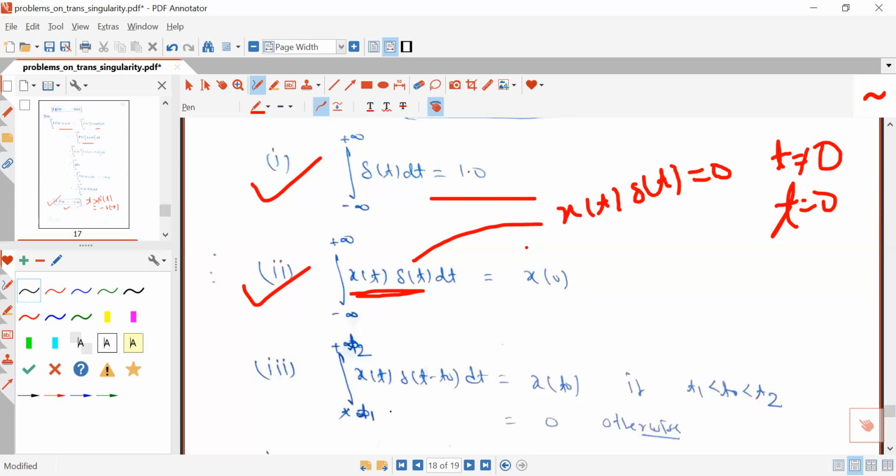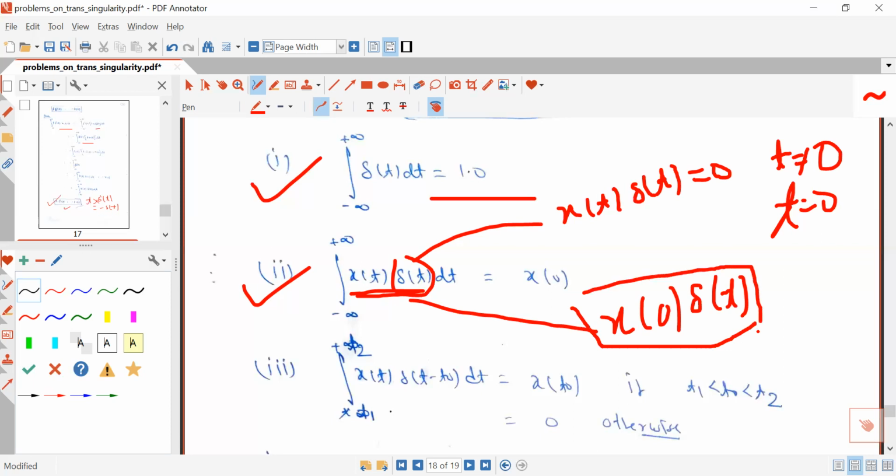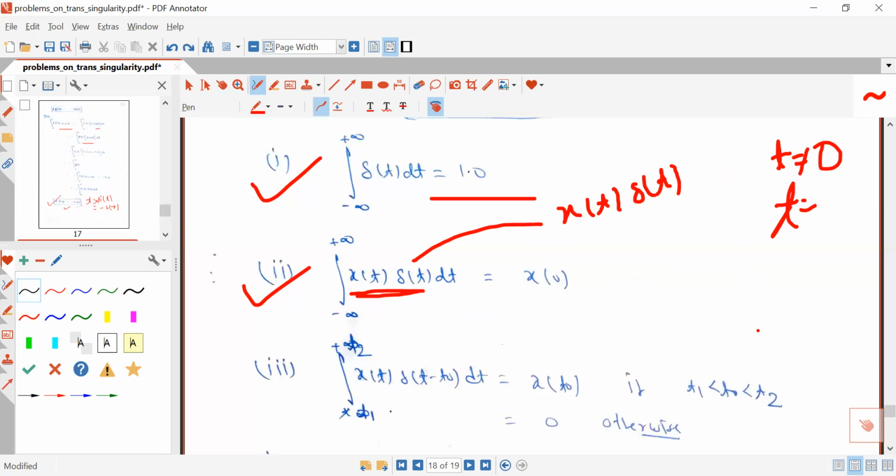So the basic thing about this product is that it is basically a product at t equal to 0. Because only at t equal to 0, you do not know the value of delta t. So the calculation of this product means the calculation of this product. And this is the basis of sampling property and shifting property.